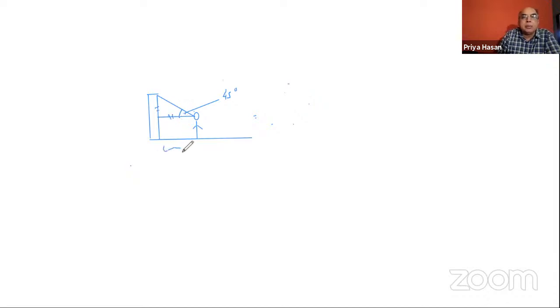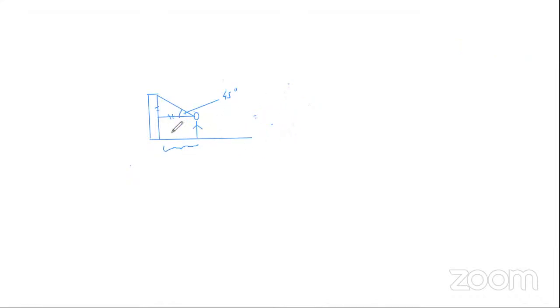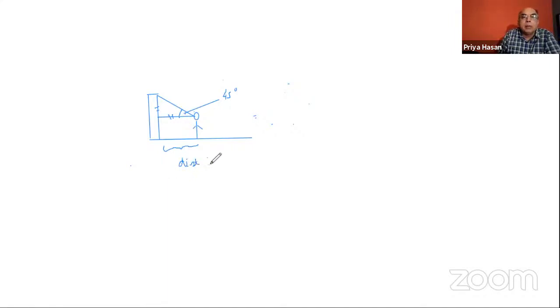So the distance that person has walked, which is very easy to measure from the foot of the building, plus the height of the student, because they are seeing from eye level. So the eye-level height has to be added to that.